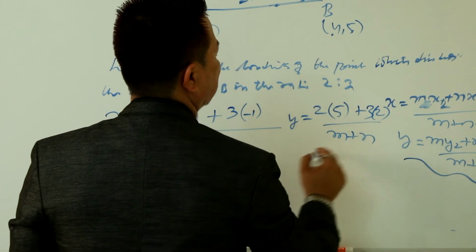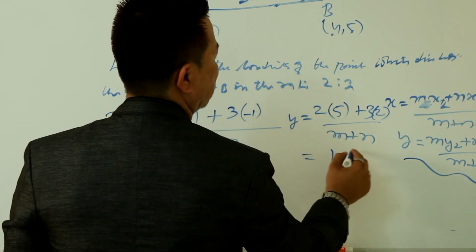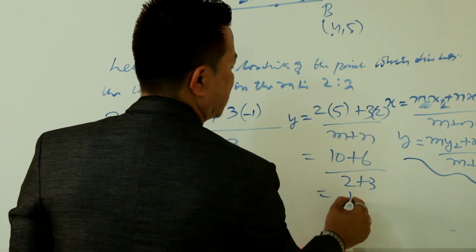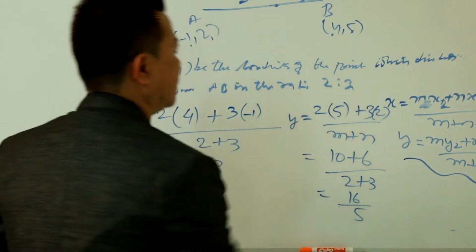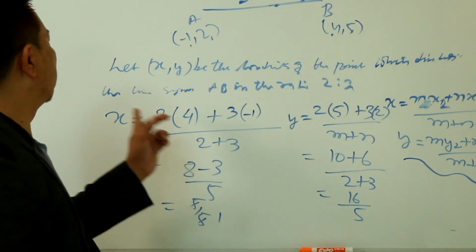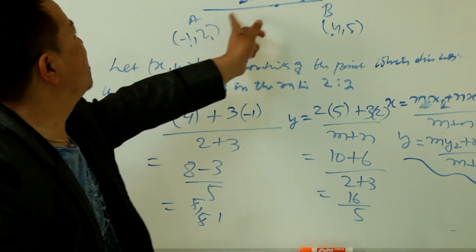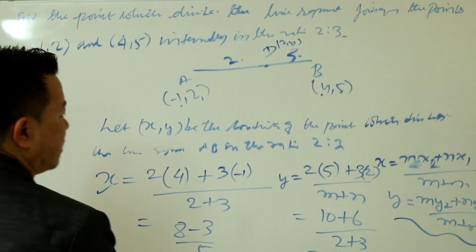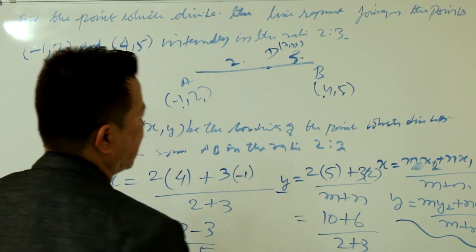Over m plus n, 2 plus 3, equals 16 by 5. So what are the coordinates of the point which divides this line segment in the ratio 2:3? We got the value of x as 1, we got the value of y as 16 by 5.